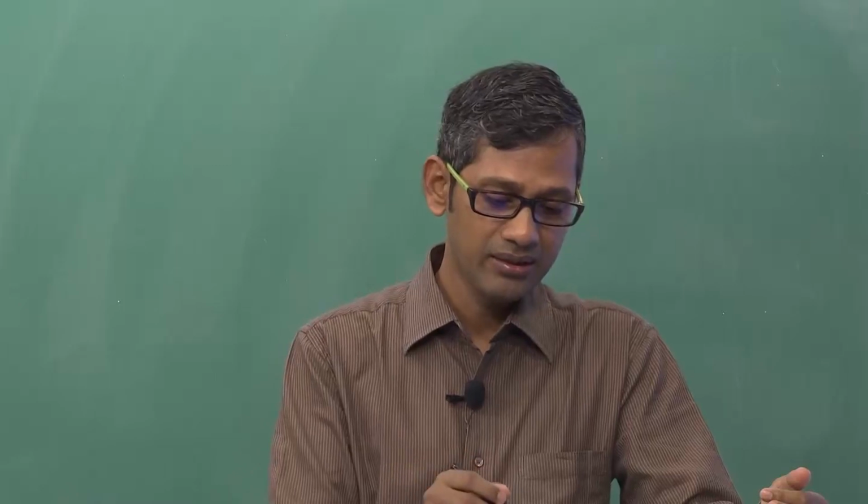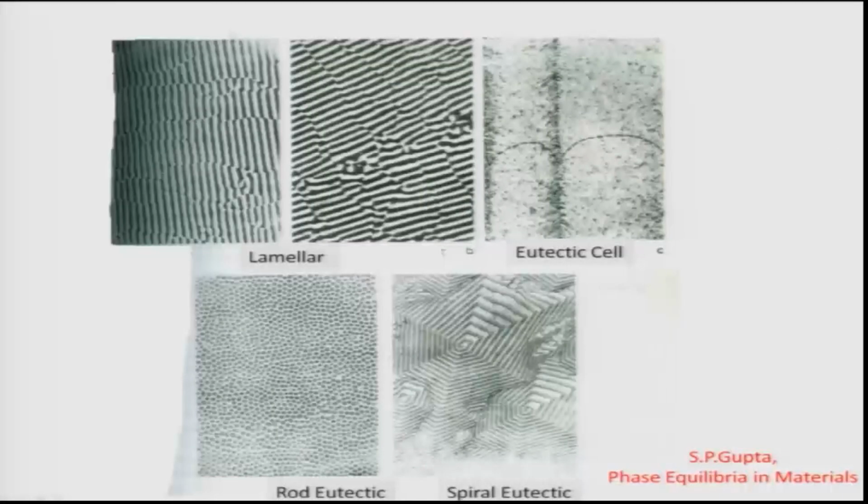As you see here, the black and white lamellae of the two phases are seen in these microstructures, and sometimes they will be broken, or sometimes continuous, but they are actually 3D slabs of two different phases arranged in a particular fashion.